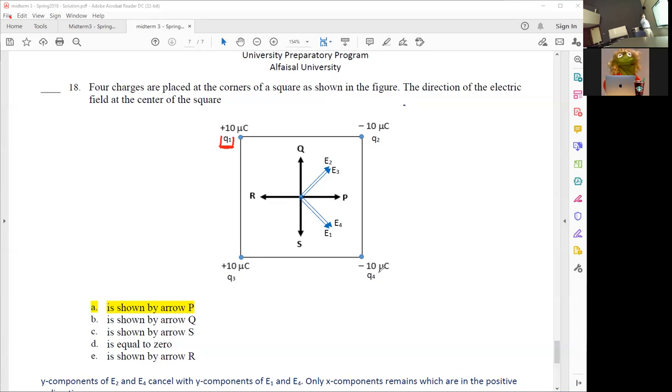For Q1, I'm dealing with a positive charge. And keep in mind, the question is asking you for the direction of the electric field.